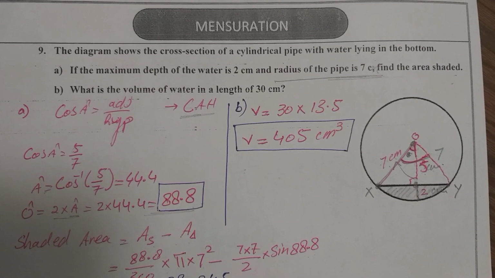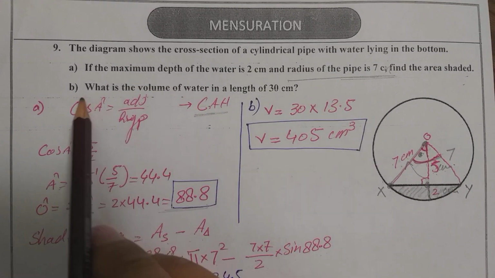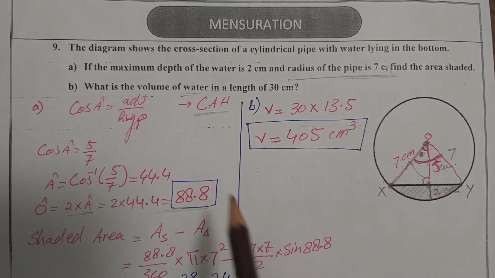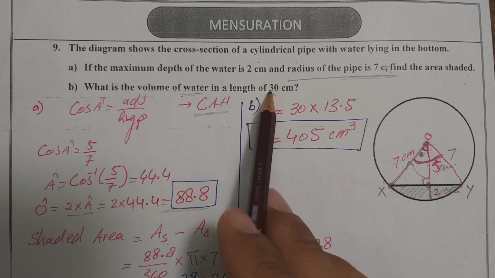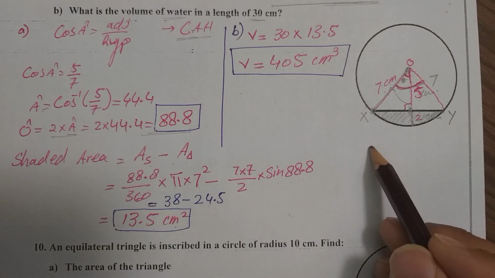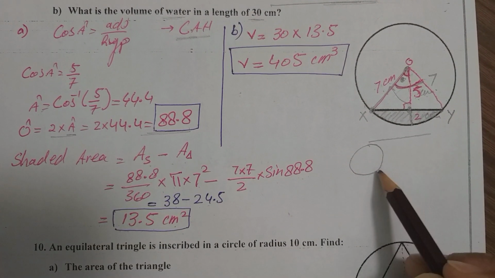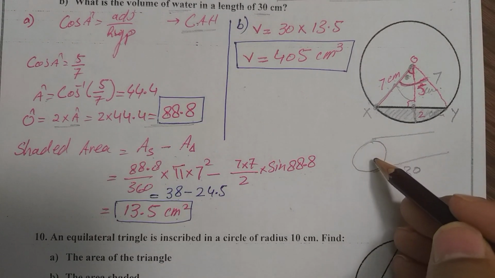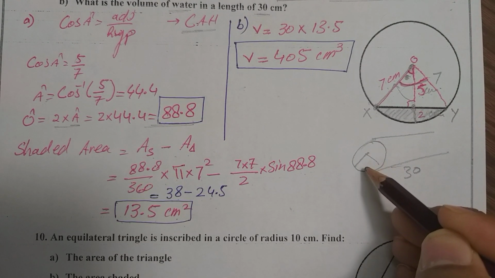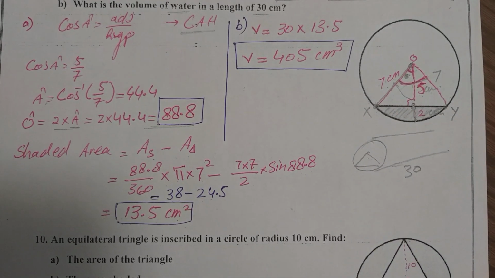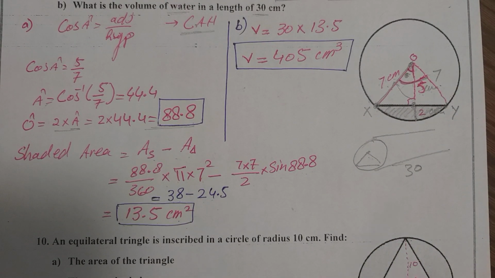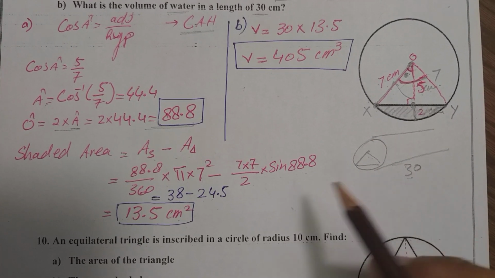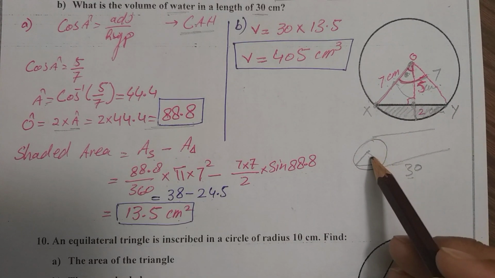Okay, now in the second part, part B, what is the volume of the water? So volume means the volume of the water in the length of 30 centimeter. If this is the circle, and this is the length of the pipe, the length is 30 centimeter. So this is what we are given, the cross section. We found the area of this segment.